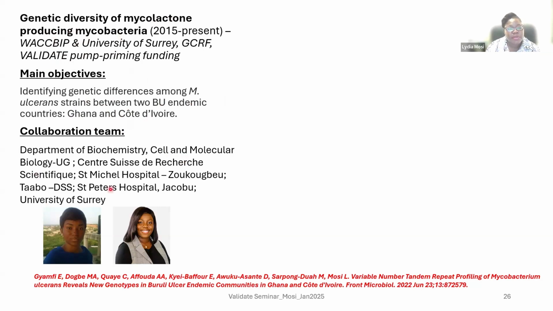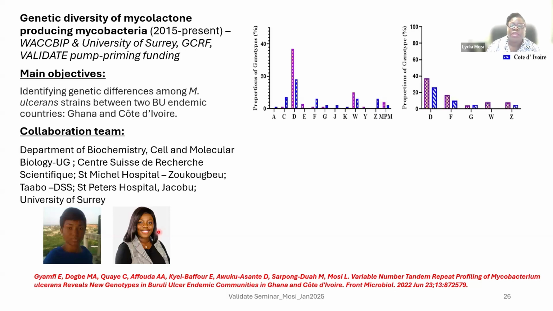As you can see, the collaboration team was huge because we involved hospitals that were the primary treatment points of Buruli ulcer in both Ghana and Cote d'Ivoire. And this work was done by Elizabeth Jemfi, a former PhD student, and Magdalene Dube, a former master's student in our group.